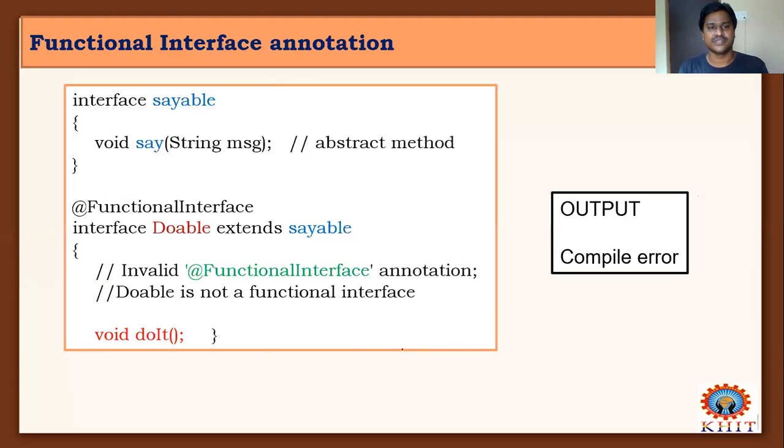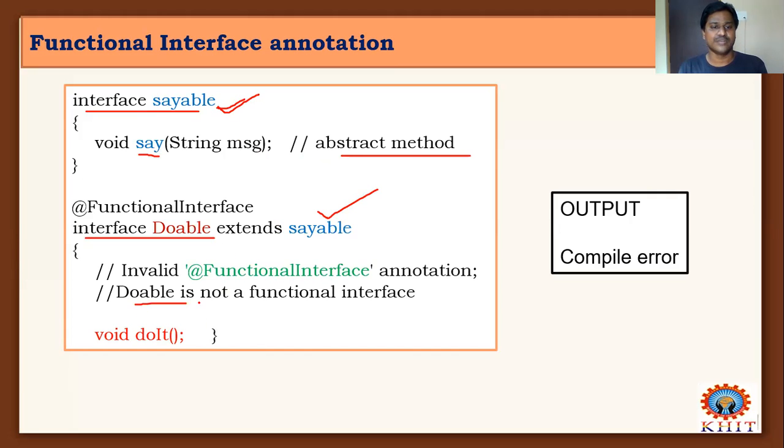Using the example given here: see, one interface is called Sayable with one abstract method, that is say. Whenever another interface called Doable tries to extend the properties of Sayable, then the FunctionalInterface annotation becomes active, checking these interfaces with the abstract methods defined in both.